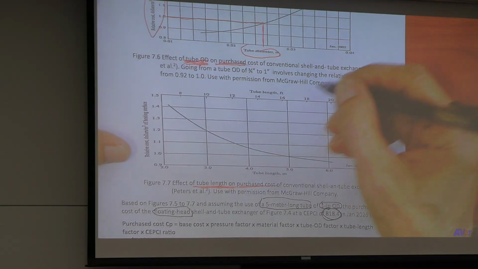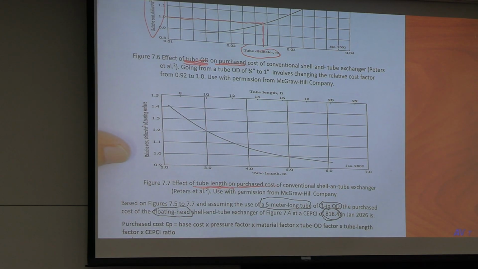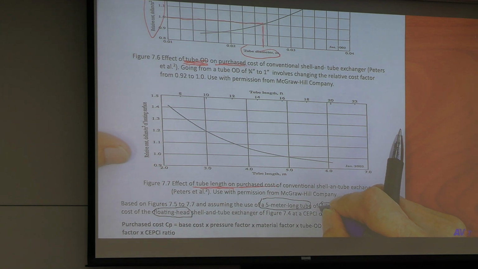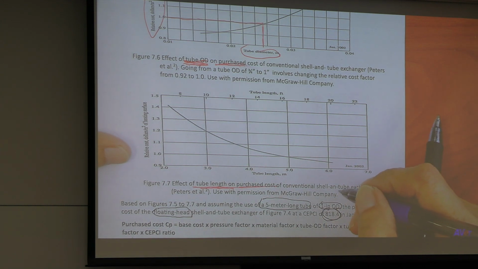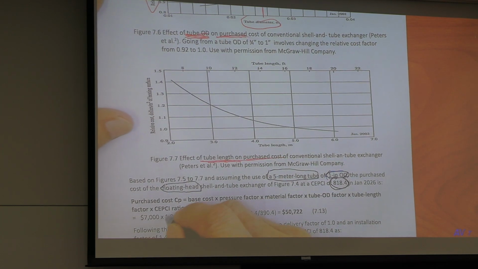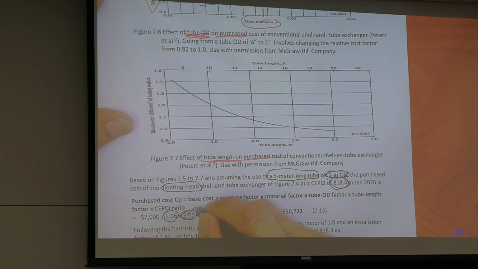So, you want 1 inch OD tube diameter, 1 inch OD. 1.06, this is the material factor.